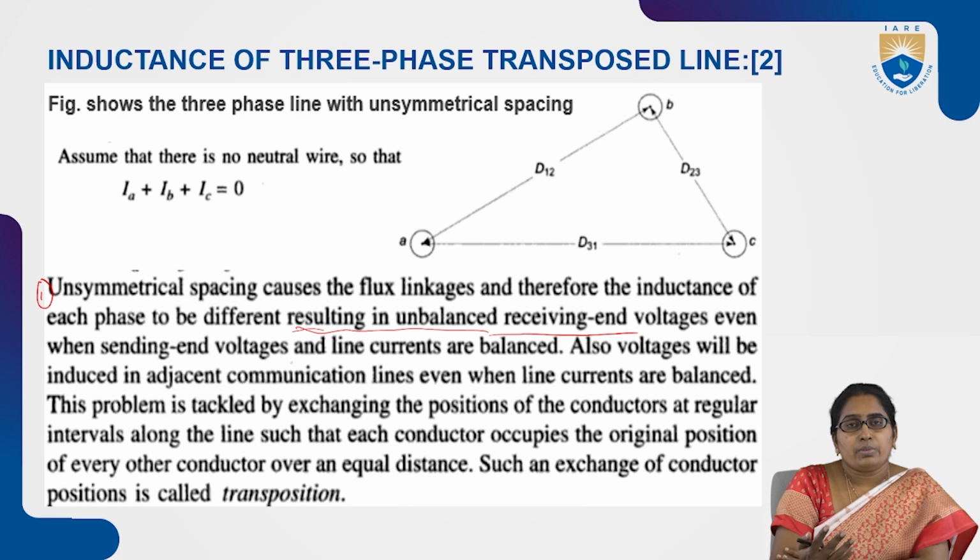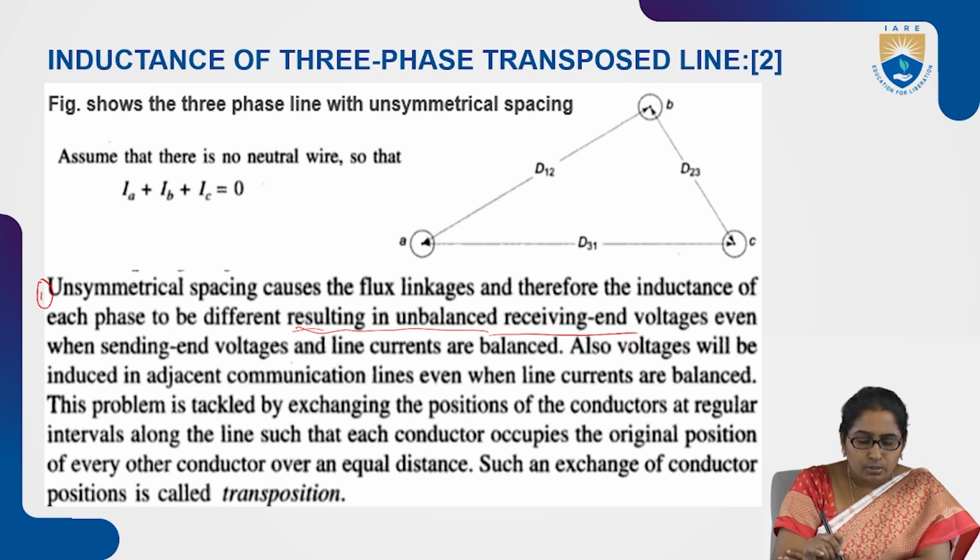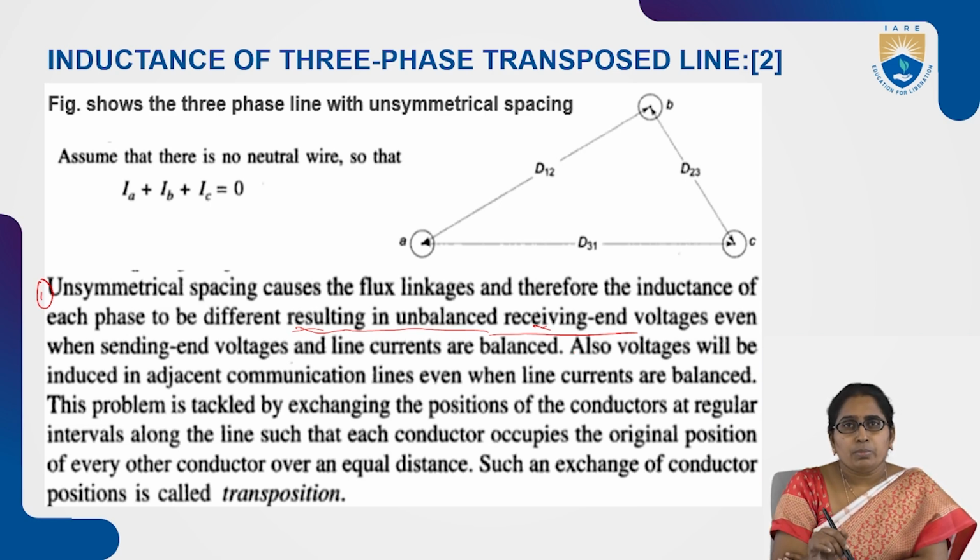For the transmission line, the sending end is the generating station or a substation where the voltage is constant. For a three-phase supply we get 415 or 440 volts. That is fixed, there is no change at the sending end. At the receiving end there is a consumer, which may be a domestic or an industrial consumer.